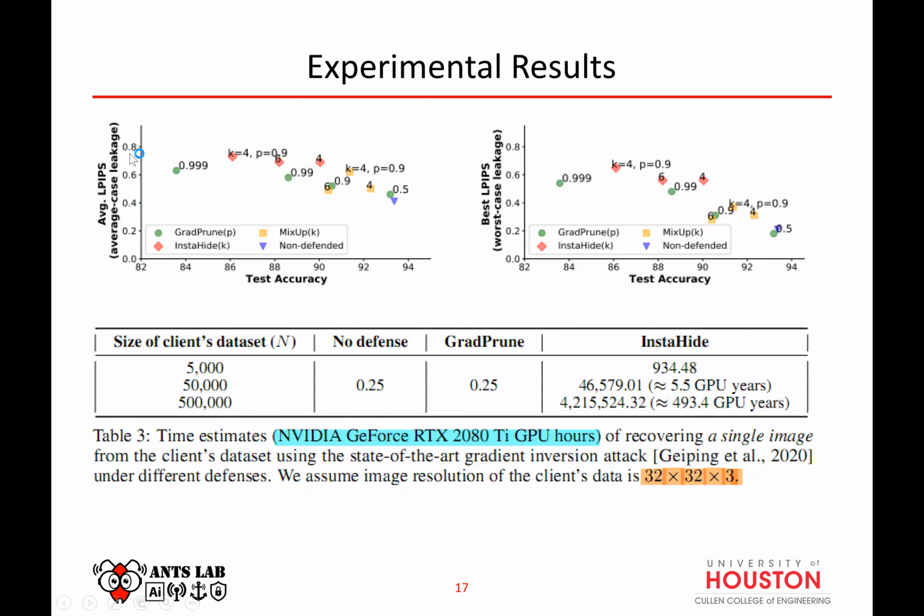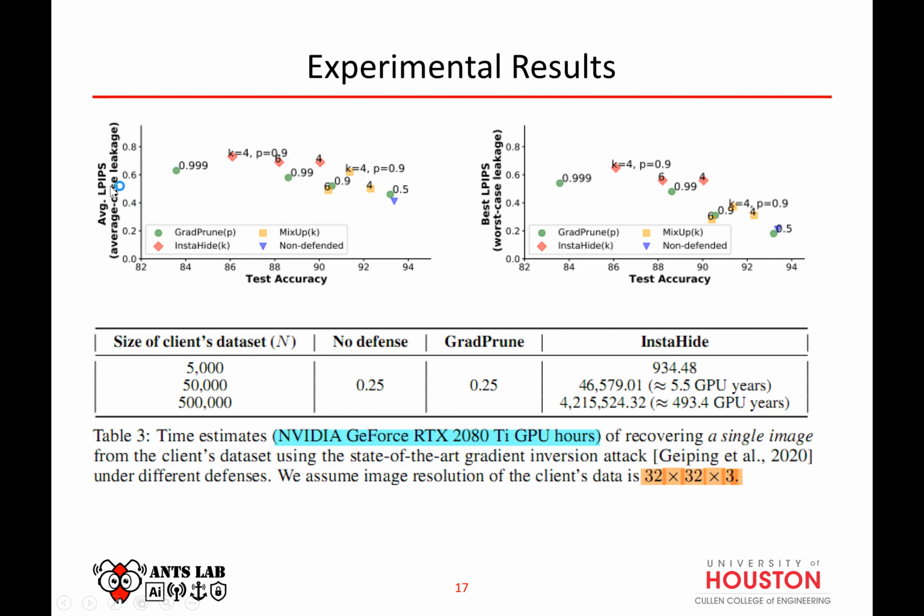Average case leakage is the LPIPS metric. When this metric is higher, it shows a higher similarity between the real image and the recovered image. So when this metric is higher, the defense is poor.